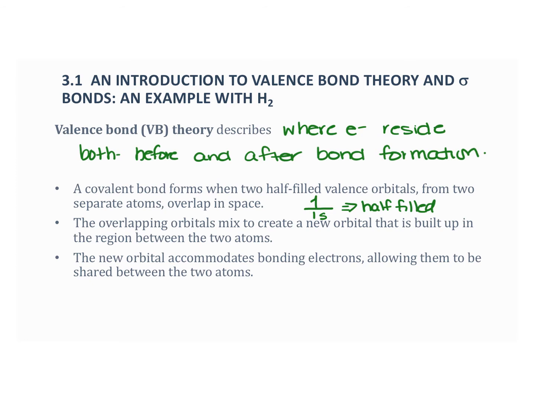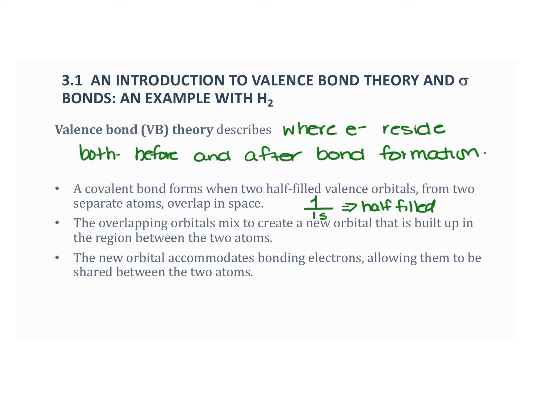And to do this, these orbitals have to get close enough that they overlap in space. The overlapping orbitals mix to create a new orbital that's built up in the region between the 2 atoms. So this bond happens between the 2 atoms. There's nothing novel there necessarily. And then the new orbital accommodates bonding electrons, allowing them to be shared between the 2 atoms.